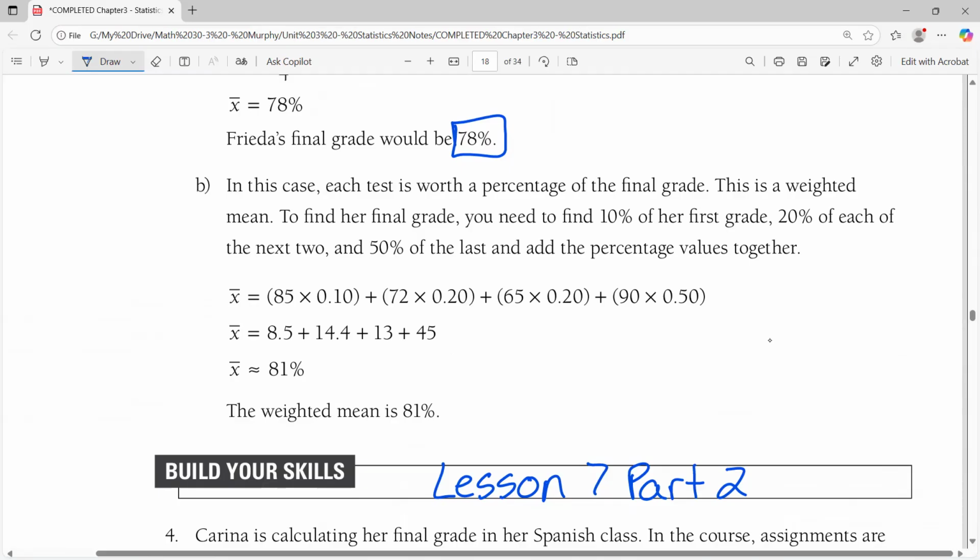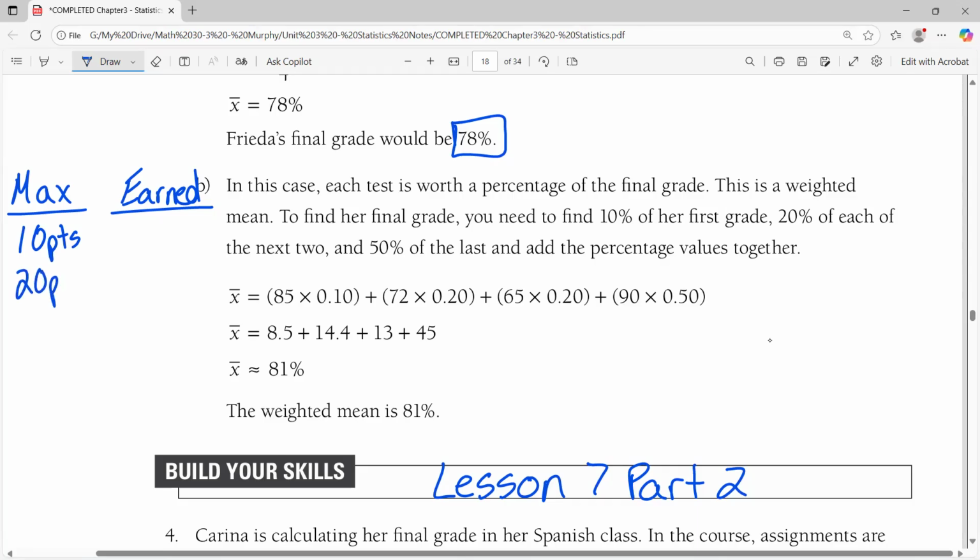So, for example, I'm just going to make a quick little chart here to explain what I'm talking about. I'm going to have the max amount of points and then what you earned. Okay, so one of them says it's worth 10%. So what that means is there's 10 points available, maximum.